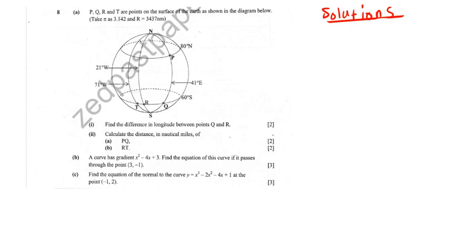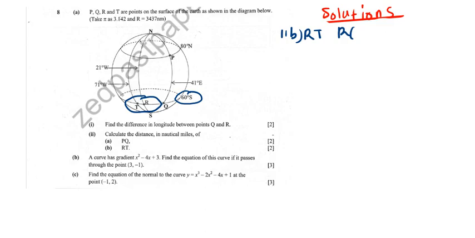Now let's go to part B. I hope you have tried it, and then let's see the answers. So part 2B, it is saying we find the distance in Newton miles between the points R, T. So remember, the first thing we need to identify is the positions of R and T. So in this case, the positions of R and T, as you can see on the surface of the Earth, here they are sharing the same latitude.